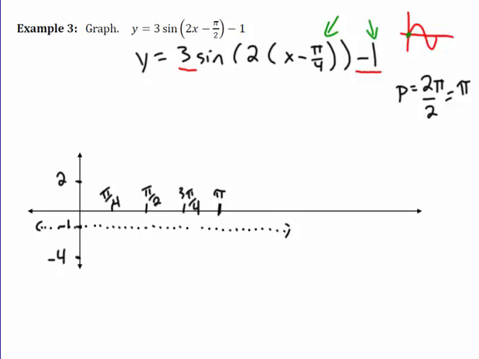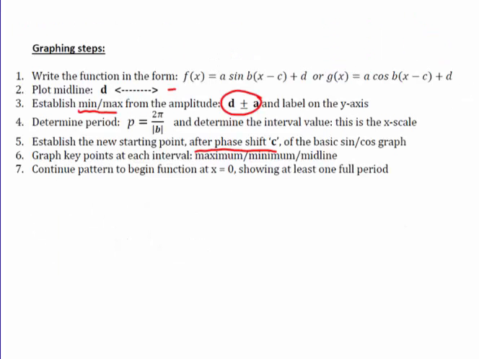So it's been shifted to the right pi over 4 and down 1. Let's put that on the graph. Normally, the point would start at 0, 0. Now it's been phase shifted over to the right and down, and here is our new starting point, just like that.